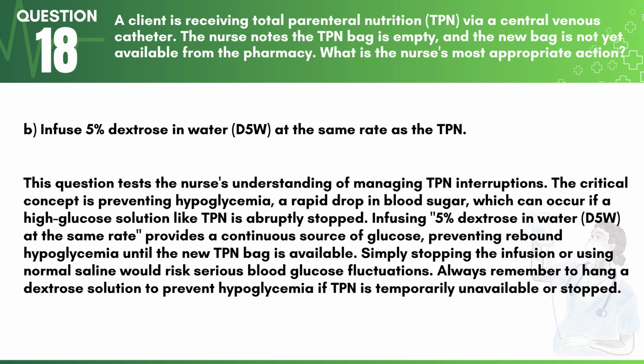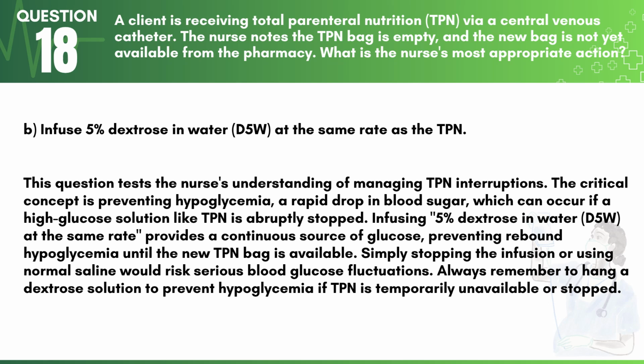Answer B. Infuse 5% dextrose in water, D5W, at the same rate as the TPN. This question tests the nurse's understanding of managing TPN interruptions. The critical concept is preventing hypoglycemia, a rapid drop in blood sugar, which can occur if a high glucose solution like TPN is abruptly stopped.